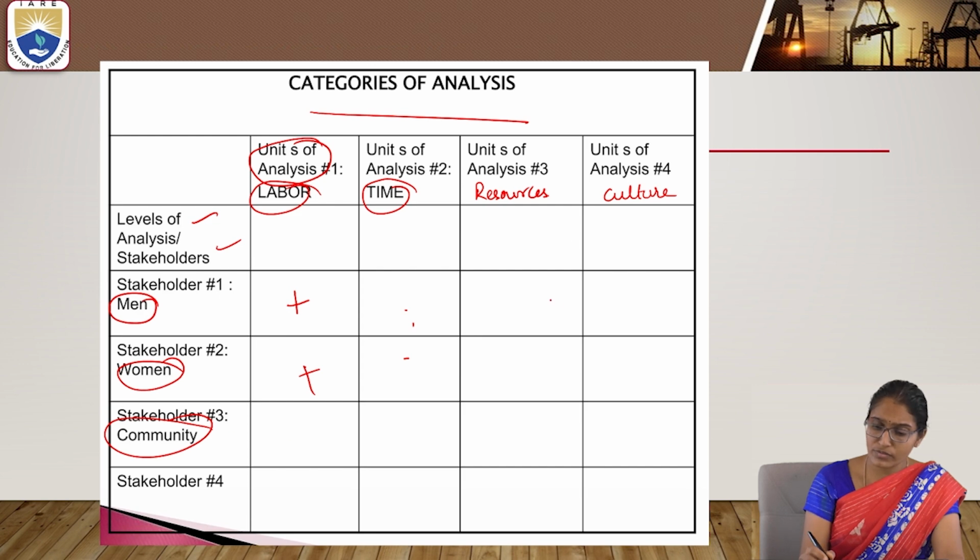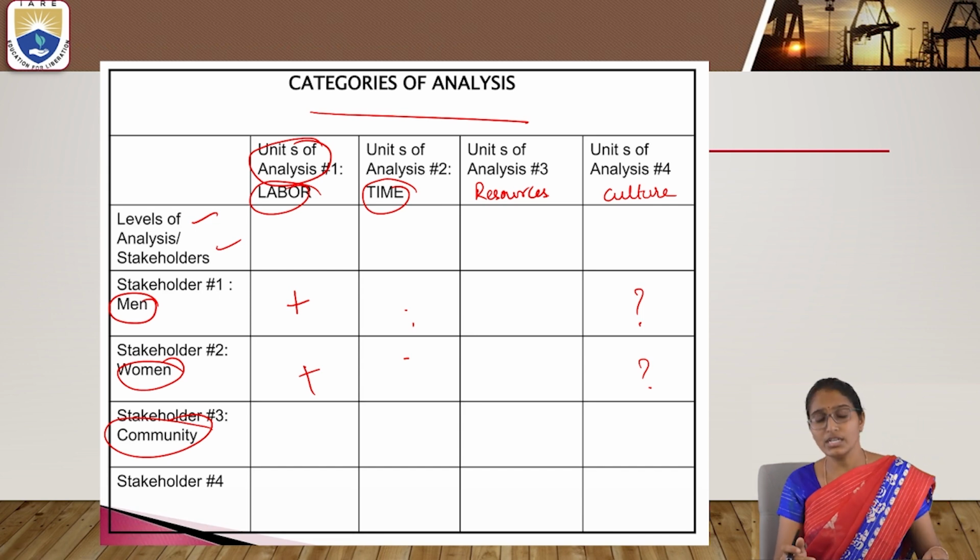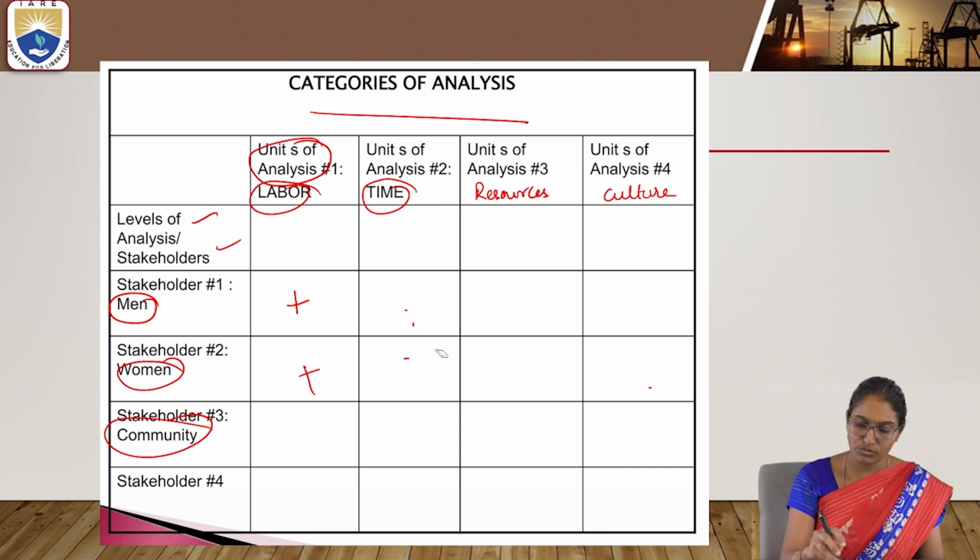If you don't know with respect to culture, then you put the question mark. With respect to women, if you don't know which culture is doing what work, you put the question mark. So this is how you do the gender analysis matrix.